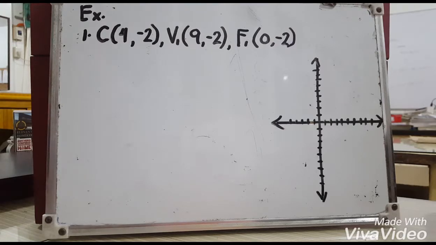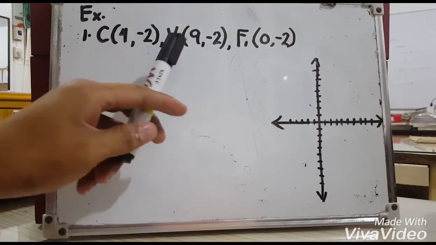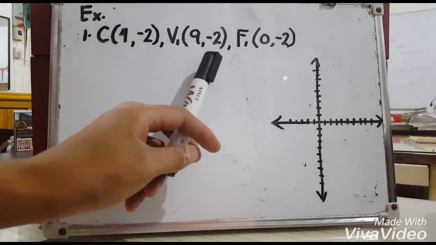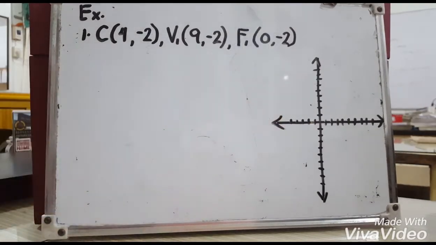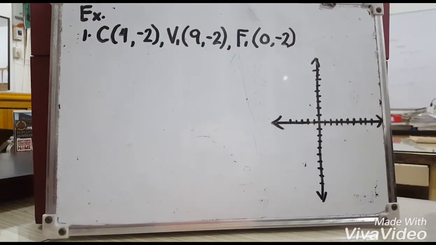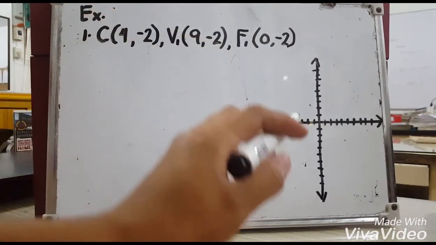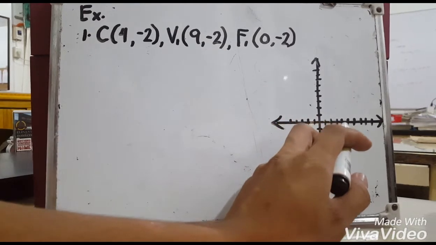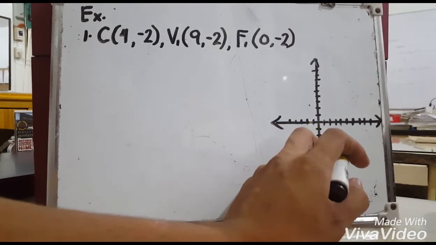We are given an ellipse with center at (4, -2), vertex at (9, -2), and focus at (0, -2). So again, we plot the given properties. (4, -2): we have 1, 2, 3, 4, and -2 here for y.